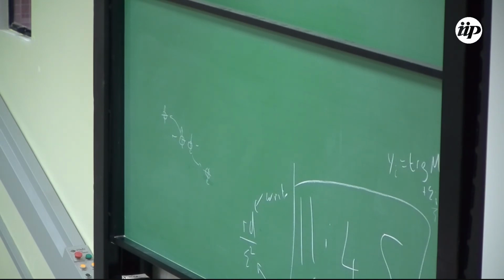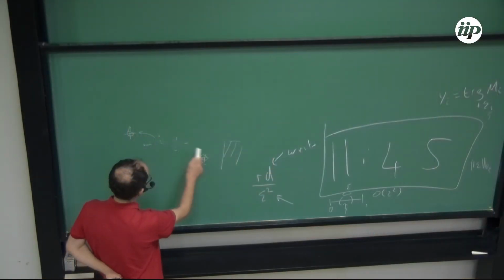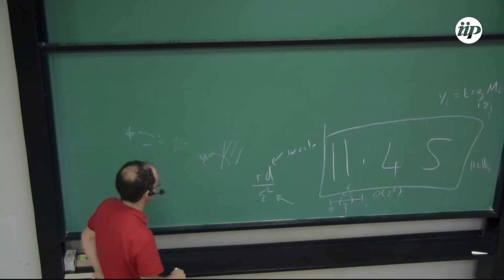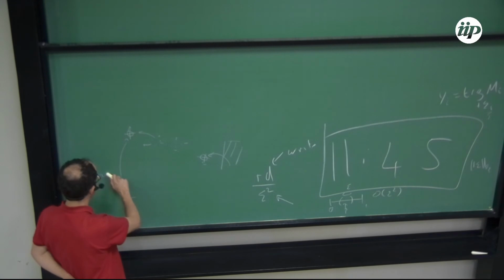So we have current flow in this system, which means that on the right side electrons are being injected. Actually, the mechanism is like that. Here is the reservoir. Electrons are being injected from here, and here we are pumping electrons with a laser.